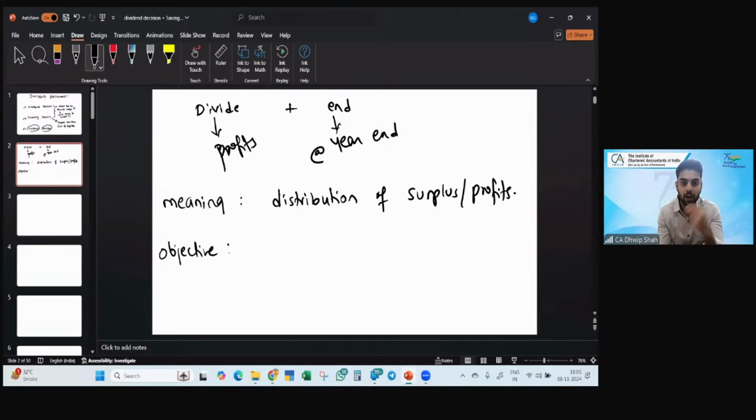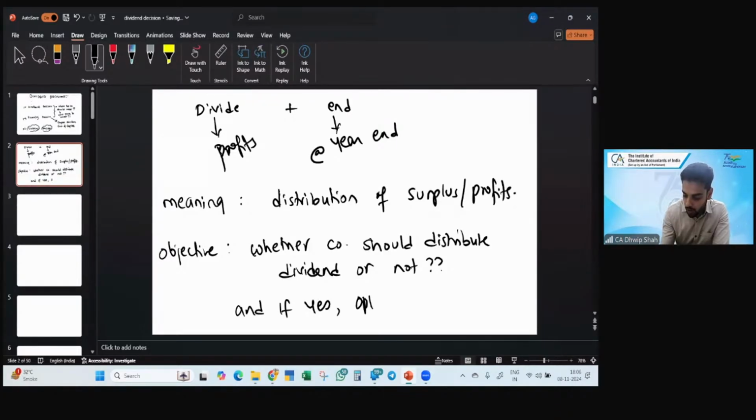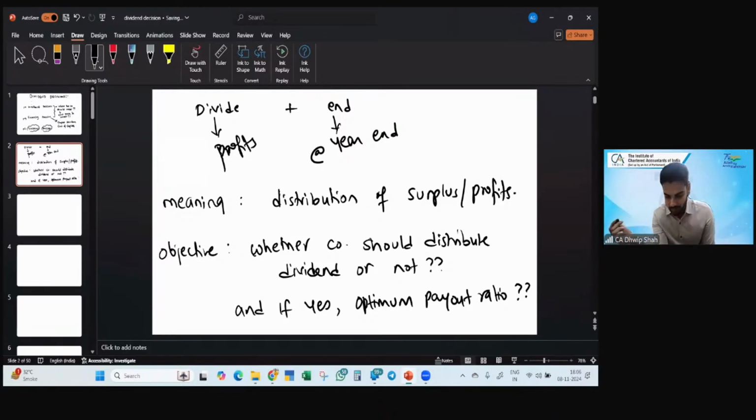The ultimate objective is to decide whether the company should distribute dividend or not, and if the answer is yes, then what should be the optimum dividend payout ratio? This is the ultimate objective of the dividend decision chapter.